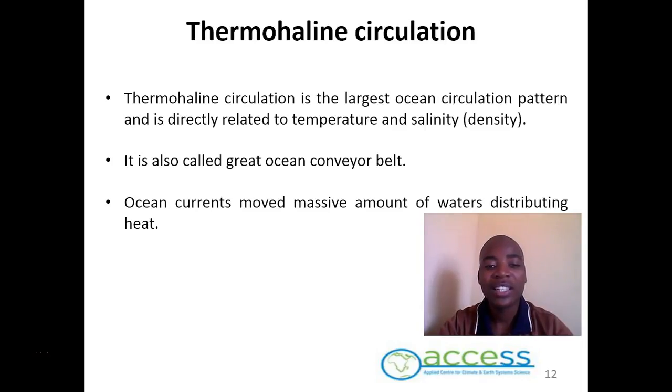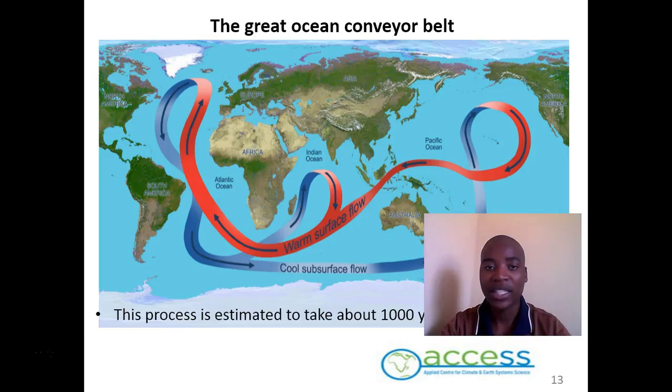Ocean currents move masses of water and distribute heat within the ocean, from the equator to the poles and from the poles to the equatorial regions. So thermohaline, which is temperature and salinity, is also density.